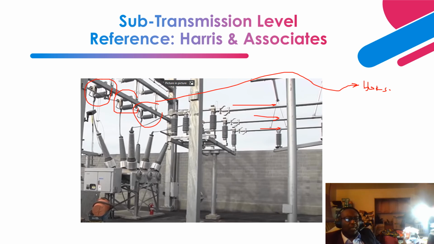So I'm coming in at 69 kV. On this side, I should be able to isolate that feeder utilizing this hook switch from the incomer. Then on the feeder end, I should also be able to isolate this section utilizing this disconnect switch.